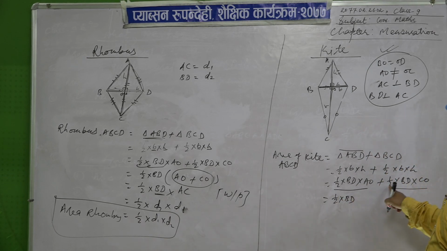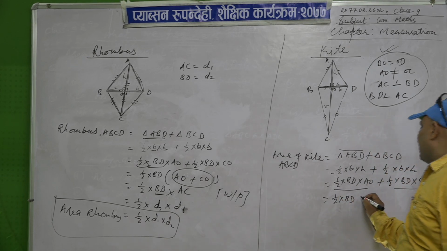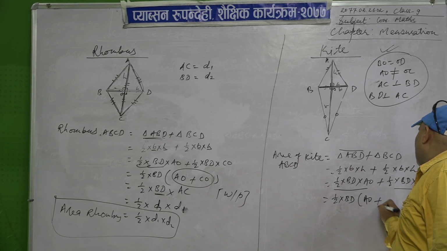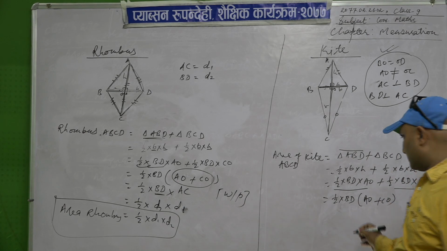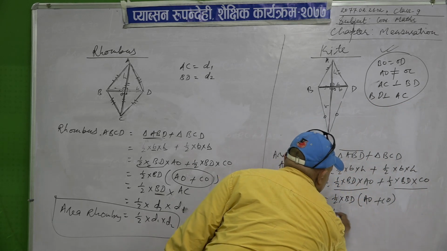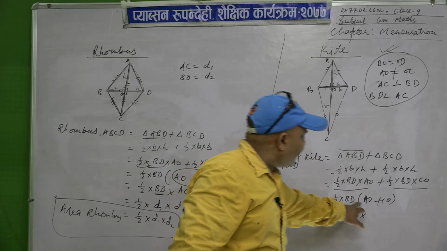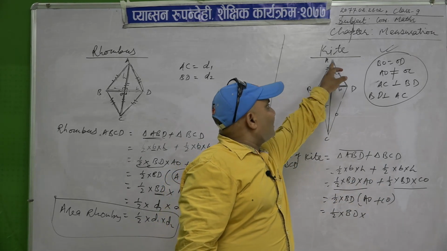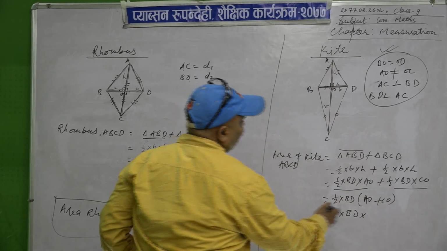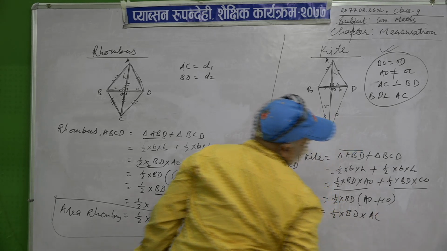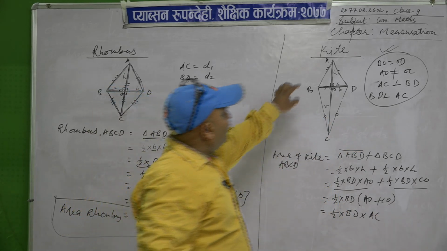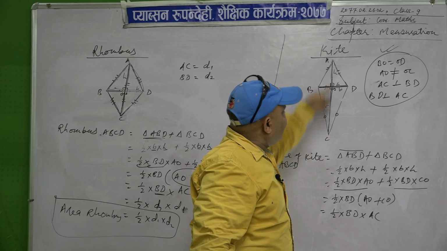It remains AO plus CO. This is equal to 1 by 2 into BD into (AO plus CO), and if we add AO and CO, we get AC.